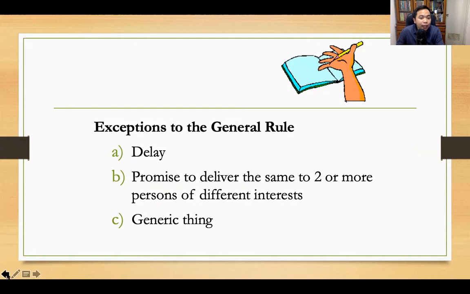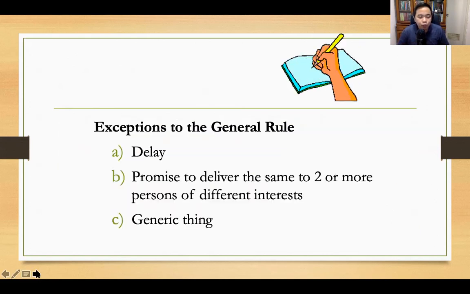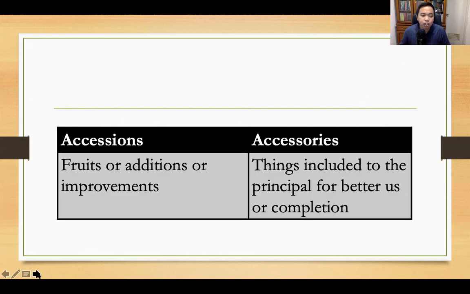Meaning to say, under the exceptions, even if the thing is lost due to a fortuitous event, the obligation is not extinguished, if the debtor has incurred delay, or has promised to deliver the same thing to two or more persons with different interests, or if the object to be delivered is a generic thing, because genus never perishes.